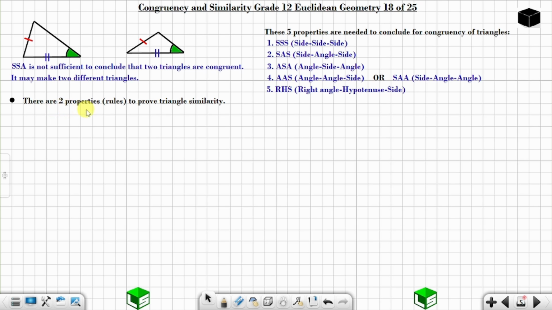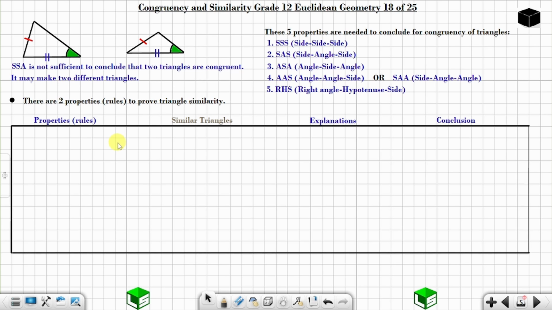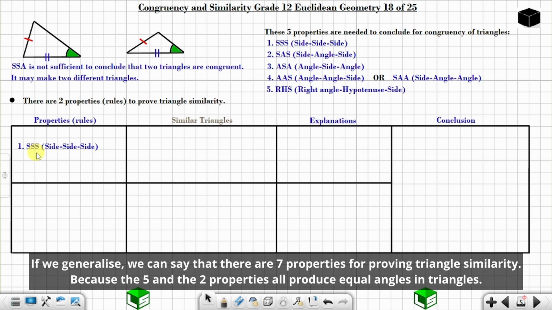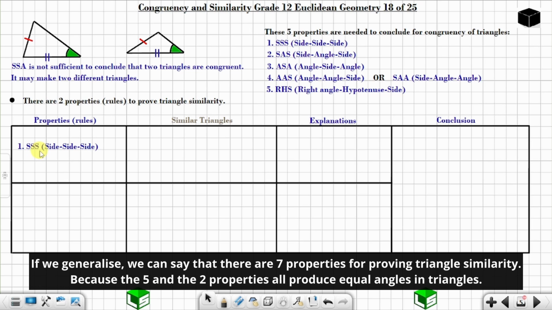Now, the properties for similarity. There are 2 properties or 2 rules to prove triangle similarity. Okay, we are going to have a table. The first one is side, side, side, as in the case of congruency. You can have something like this.